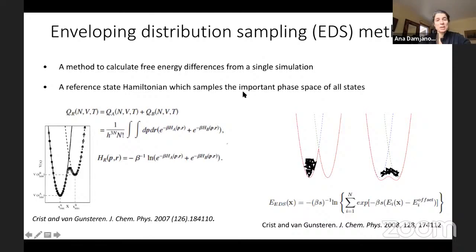Let's say you have states A and B, you can construct a reference Hamiltonian for which the partition function of the reference Hamiltonian is the sum of partition functions for states A and B. Now the problem with this method is that if you have a huge energy barrier, you're going to be stuck in one state.